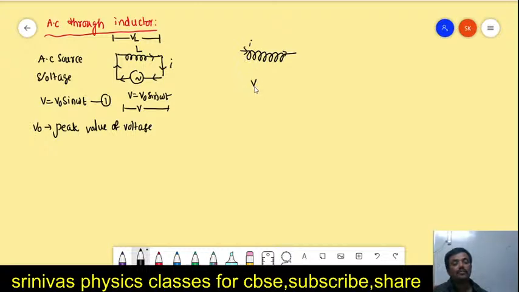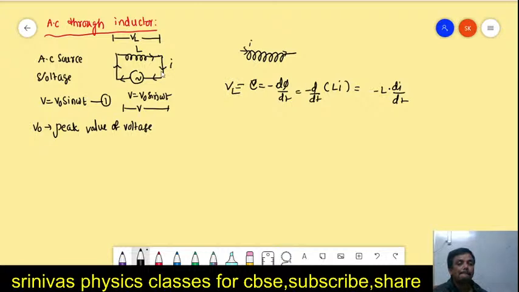The induced EMF from Faraday's law is minus d phi by dt. Flux we can write as L into I, taking L outside, minus L di by dt. The induced EMF or the voltage across the inductor when current I passes is L di by dt.